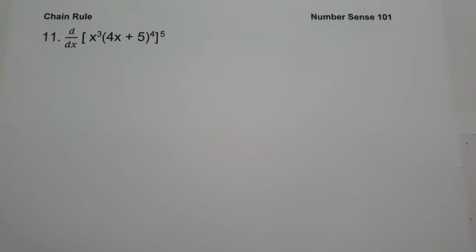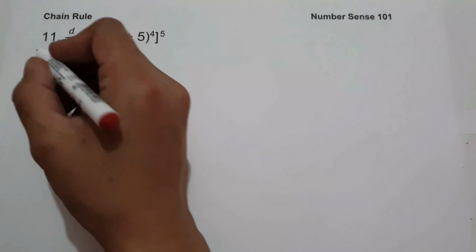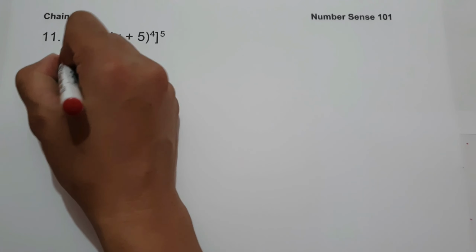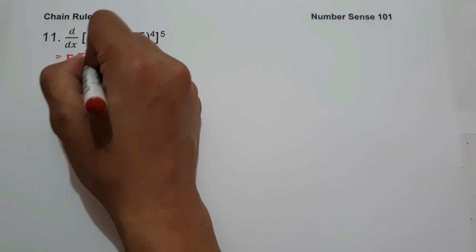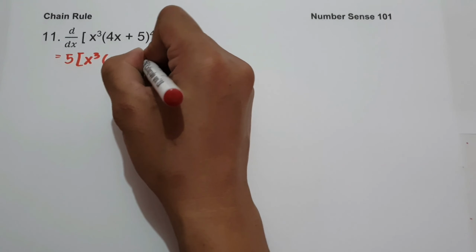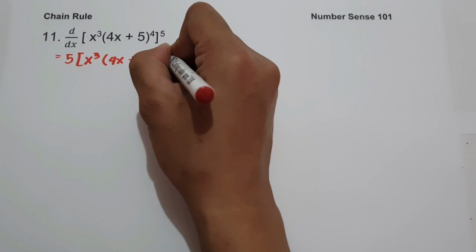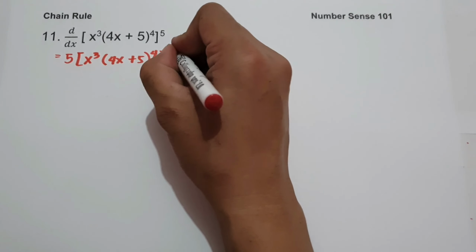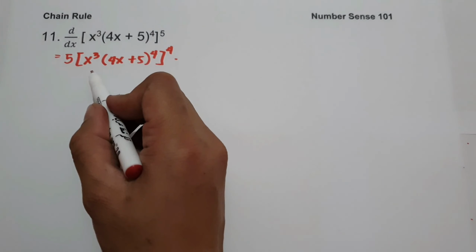On number 11, what is the derivative of x cubed times 4x plus 5 raised to 4 raised to 5? So the first step that we're going to do is to take the value of n, that is 5, multiply by x cubed times 4x plus 5 raised to 4, and then 5 minus 1, that is 4, multiply by the derivative of inside.